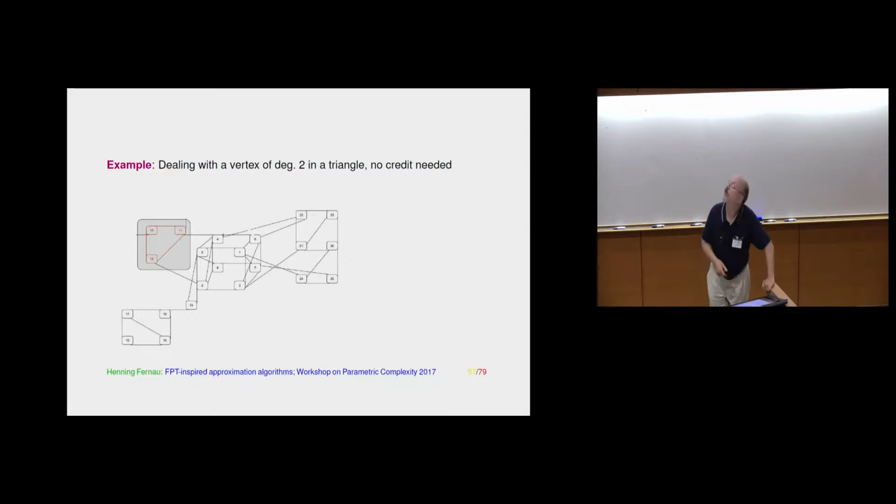The next thing is to find this little triangle here, and because we've previously deleted this hair dangling down here, this has become a degree 2 vertex. So really this is a similar rule again. I take these 2 vertices into the cover, at least this is what I want to do, and continue.